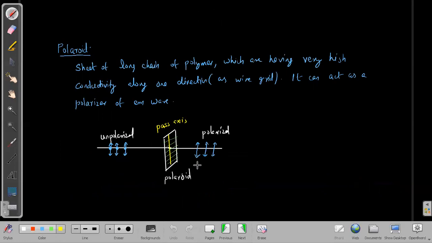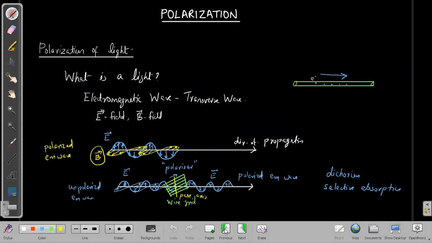Okay, so that's about it for today. What we have discussed till now is that we started with what light is, and to discuss polarization, you have to treat light as an electromagnetic wave which has both an electric field component and a magnetic field component. The electric field, magnetic field and direction of propagation are always perpendicular to each other, and that is why the electromagnetic wave is called a transverse wave.